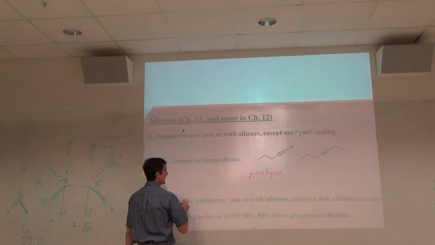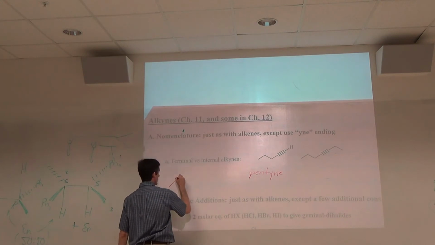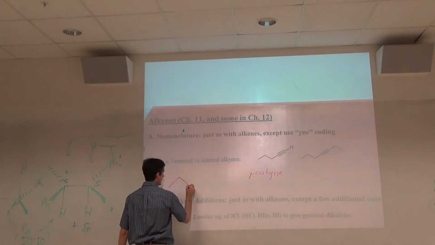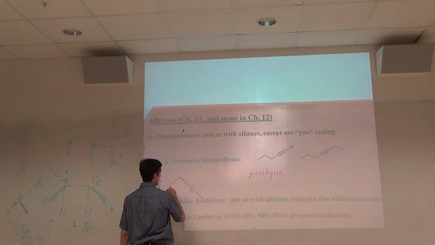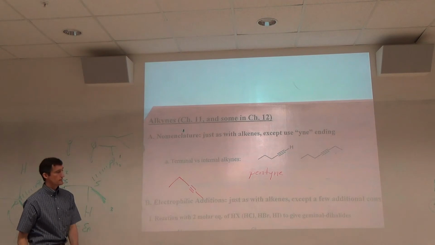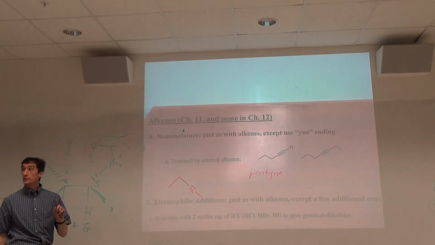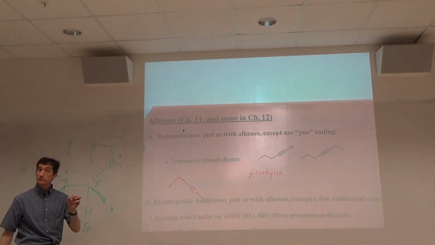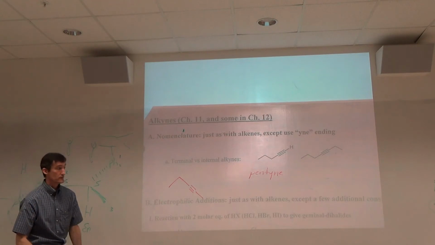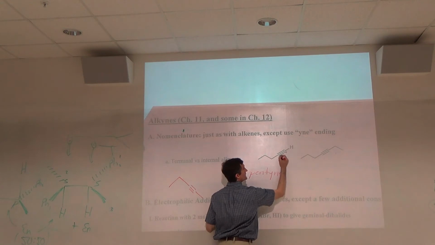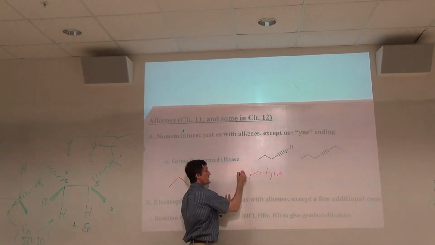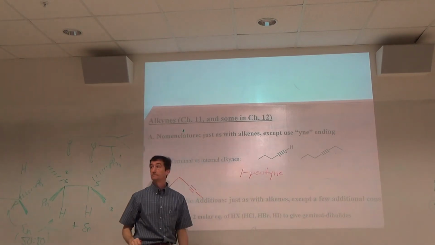Well, if that's pentyne, what is this? Just like with alkenes, you have to say where the double or the triple bond is. Where is it here? 1, 2. The triple bond's at the 1 position. That's 1-pentyne.